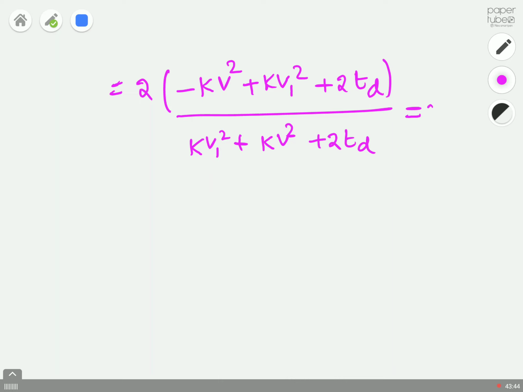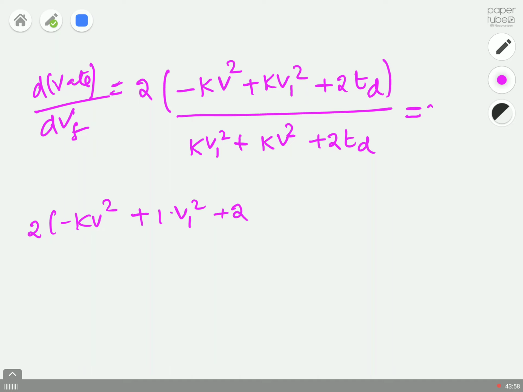So we are setting the change in rate with respect to change in filtrate volume to 0. This one goes to the right hand side, that's equal to 0.